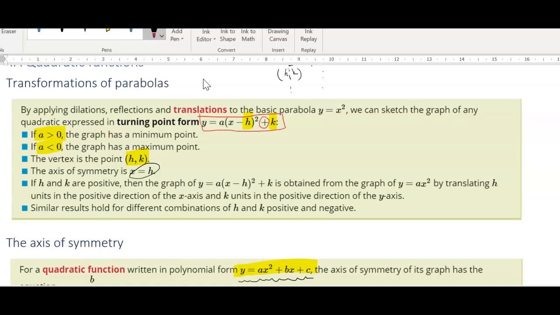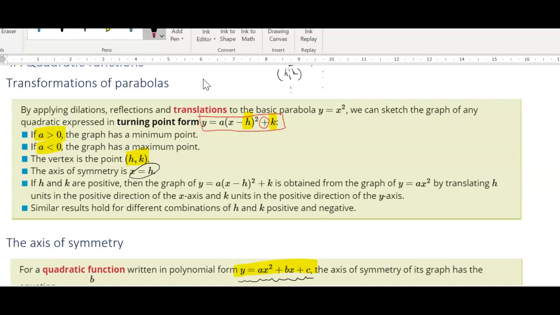So if you've got it in turning point form, eventually, or even now, you should be able to tell whether you've got x-intercepts or not. And you will know, even if you didn't look at the equation, because you'll be taking the square root of a negative number, which you can't do to get a rational answer.